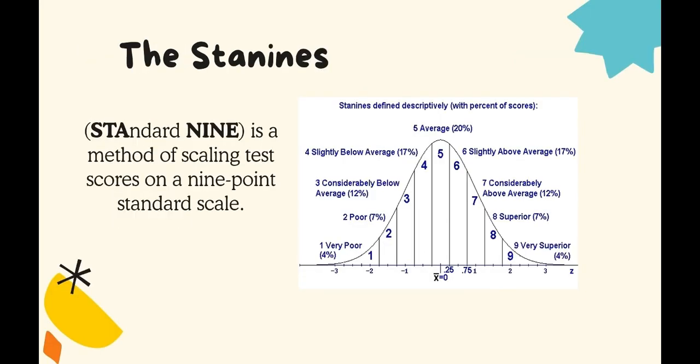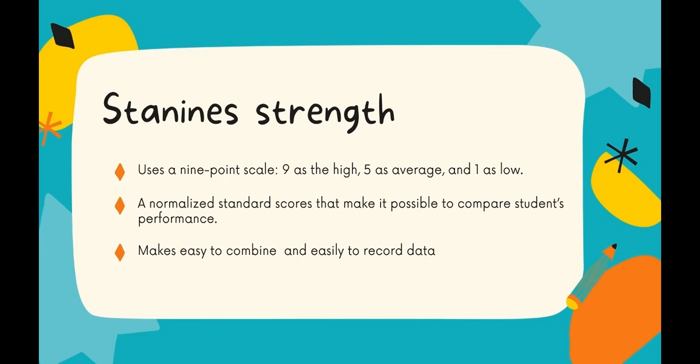Next up are the stanines, from the words standard nine. It is a method of scaling test scores on a 9-point standard scale. These are a simple type of normalized standard score that illustrate the process of normalization. The following are the major strengths of stanines. First, the stanine system uses a 9-point scale in which 9 is high, 1 is low, and 5 is average.